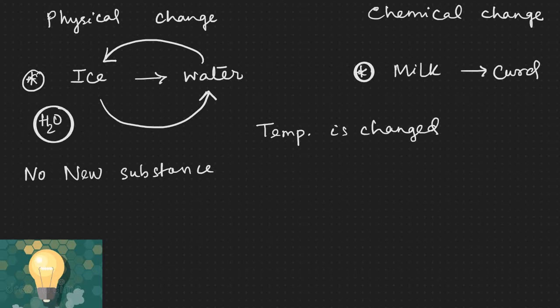Okay, so yes, there may be a change of state. It can happen in a physical change, but there should not be any new substances formed or no new chemical formula introduced, no new chemical compound, right?